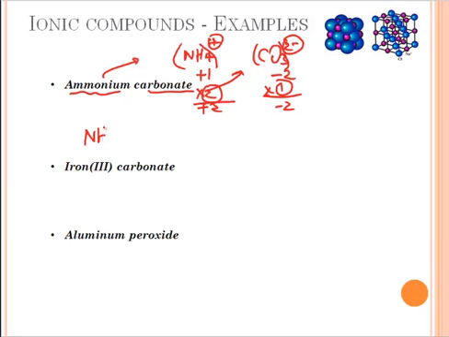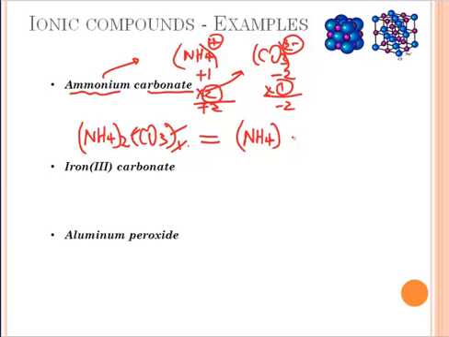So there will be (NH4) 2 (CO3), and this one will be 1. So by convention, we drop the 1, and also we drop the brackets surrounding carbonate. So the final formula unit for ammonium carbonate will be (NH4)2CO3.